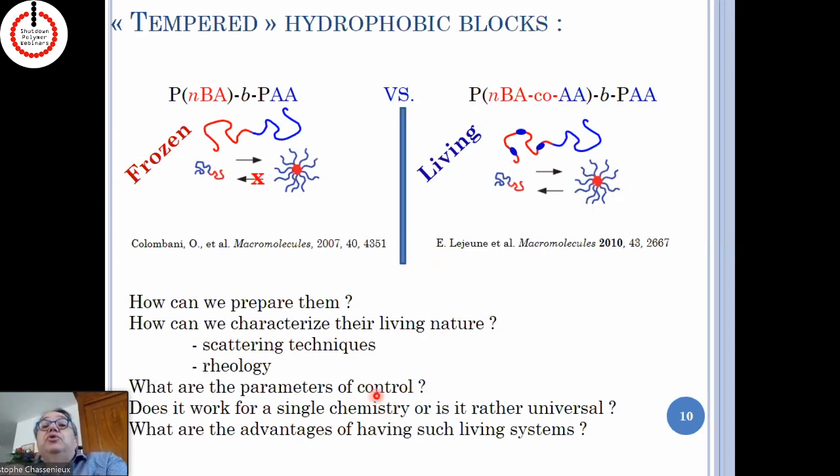I will show you how it's possible to tune these properties. And above all, I will show you that this procedure, this idea, is rather universal and is not related to a single chemistry.